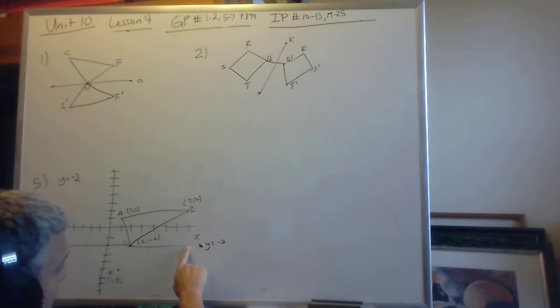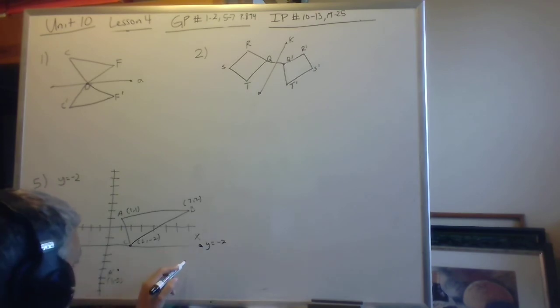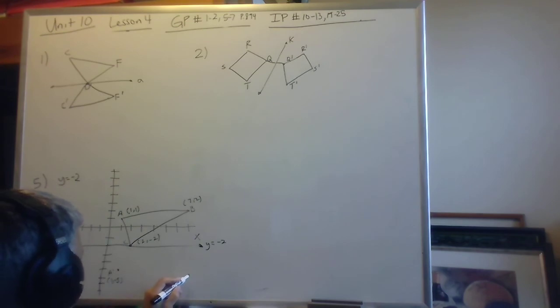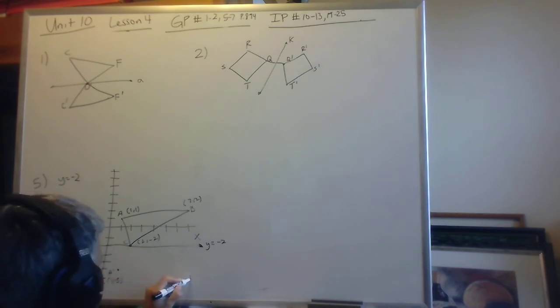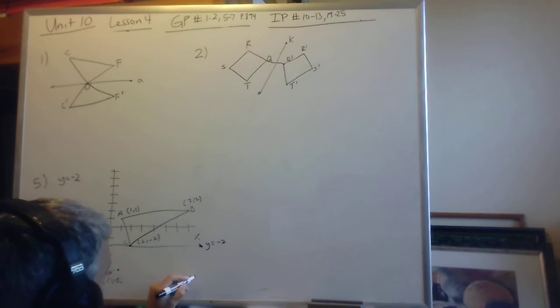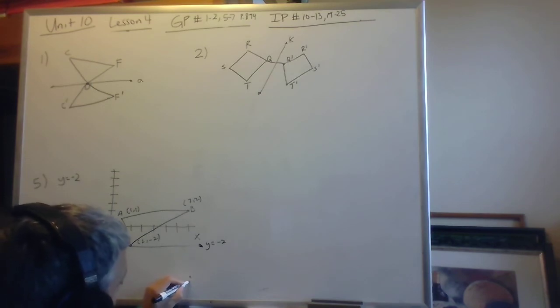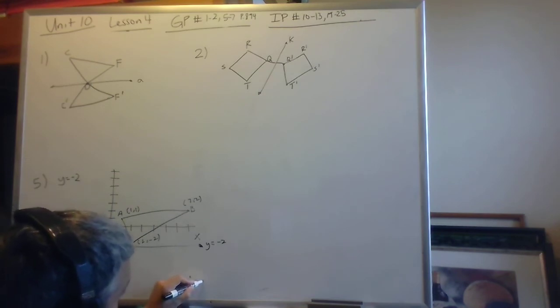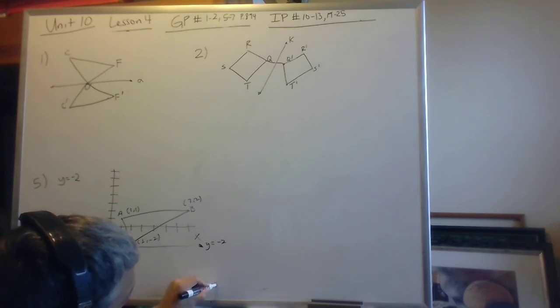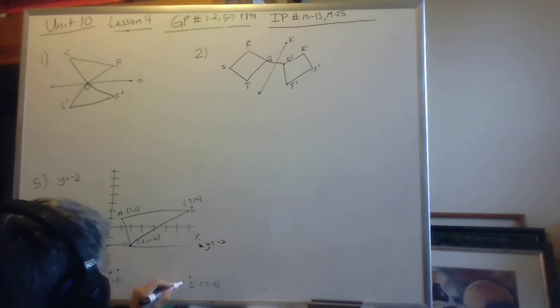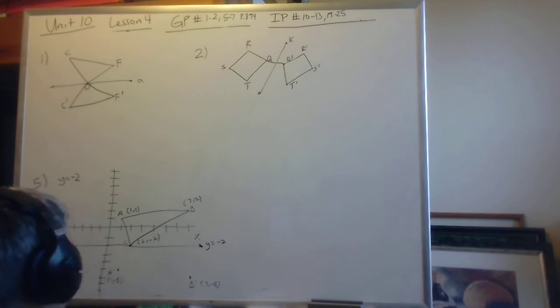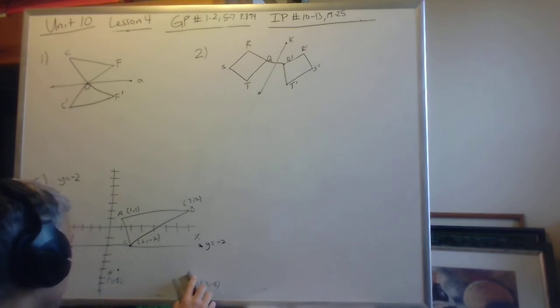So that means for B prime, we're going to be at 7, and then we're going to go down 4 from there. So we should be at 7, -6. So right about here. So B prime is at 7, -6.